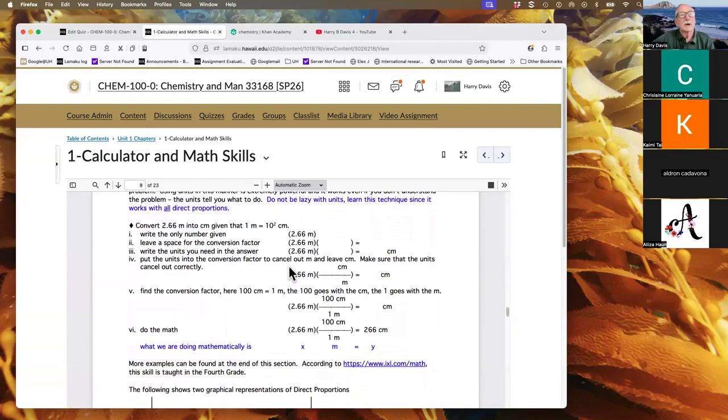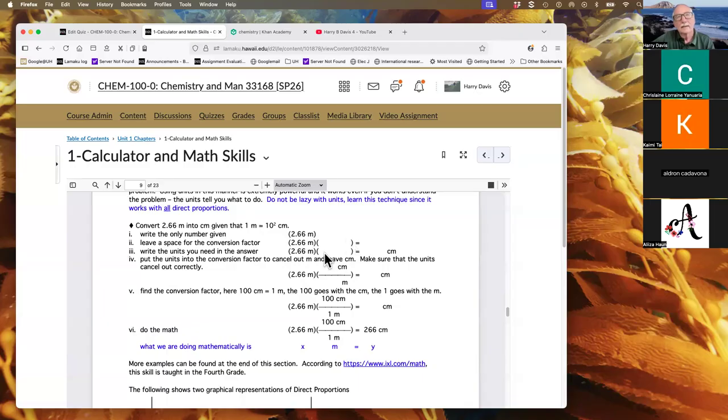So now how do we set up problems? Here's an example. Convert 2.66 meters into centimeters given this conversion factor. Conversion factors will always have more than one unit. So the only thing I can do to start the problem is to write down that number, 2.66 meters. And then I'm leaving a space because I know I need to get a conversion factor over here.